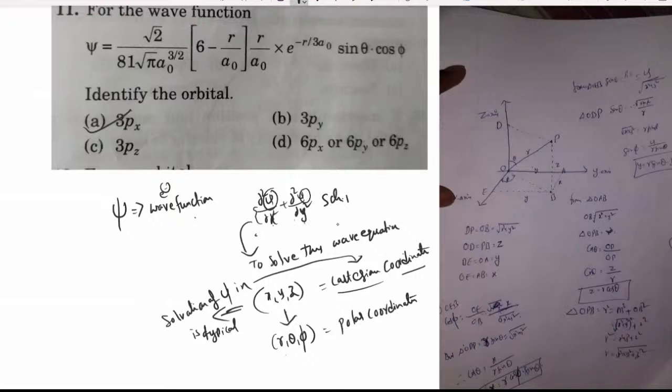Solving the Schrodinger wave equation in terms of x, y, z, to get the psi value, is typical. That is why we are converting the Cartesian coordinates into polar coordinates. That means we are converting psi of x, y, z into psi of r, theta, phi.